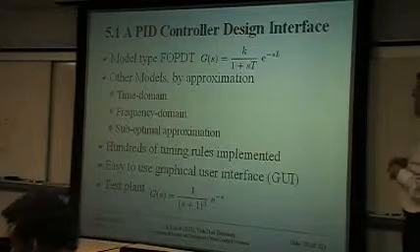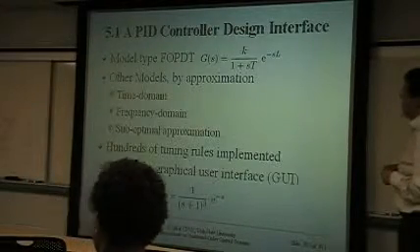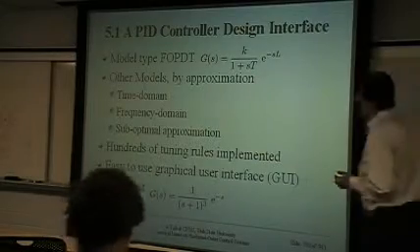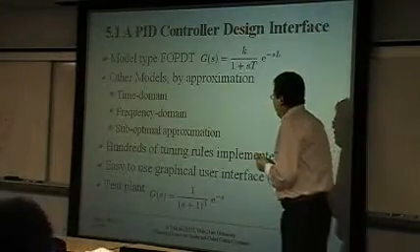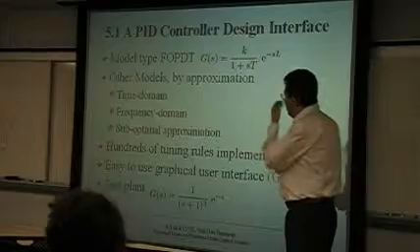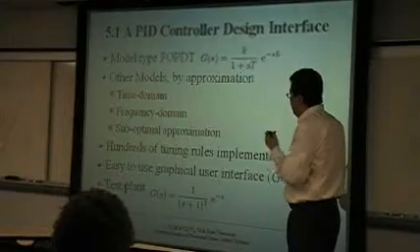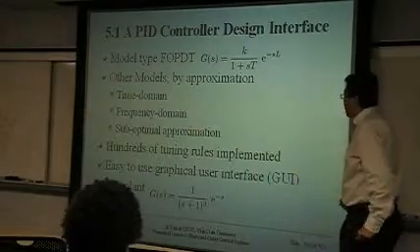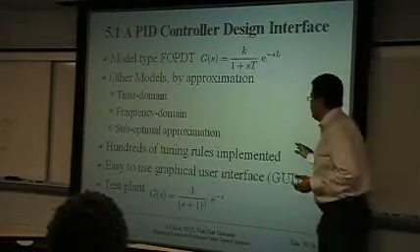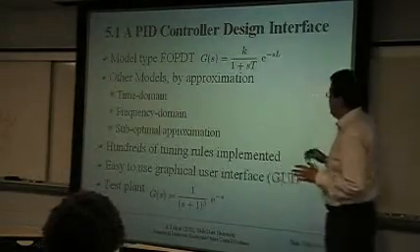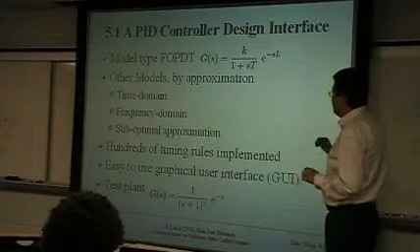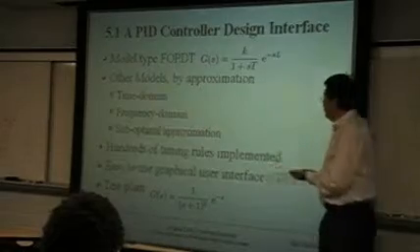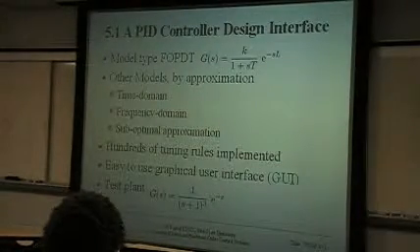I think it was published a few years ago. So I've implemented hundreds of tuning rules in the interface, and you can choose different tuning rules and compare the tuning results. So there is a graphical user interface.